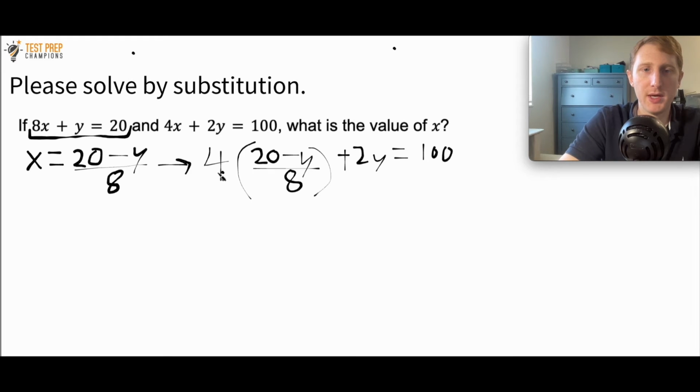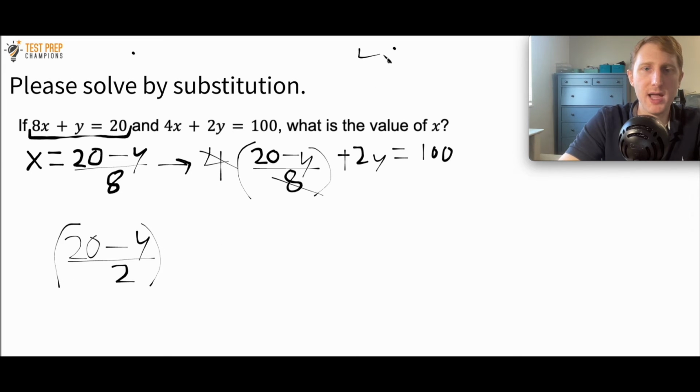The way that I think is easiest to proceed here is to just do a simplification, right? So I can simplify this to (20 minus y) over 2. And if you're wondering why that makes sense, let me show you.